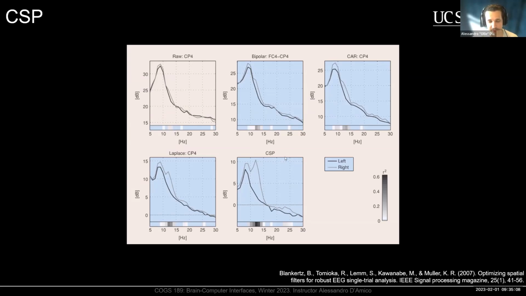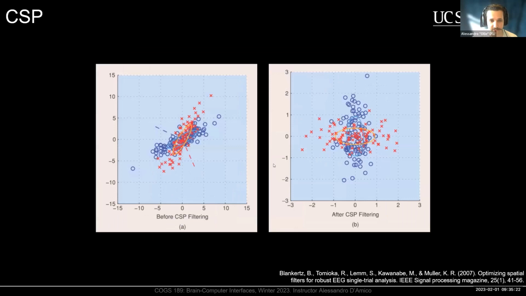So you can think of it sort of as a supervised dimensionality reduction tool where you have these labeled datasets, you know which class something belongs to, and you're trying to maximize the variance in one class and minimize it in the other class. So here's a toy example of that. We have this two-dimensional data. In this case, you can pretend that the two dimensions are two different channels, maybe C3 and C4.